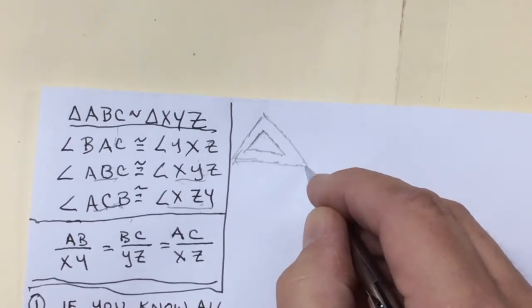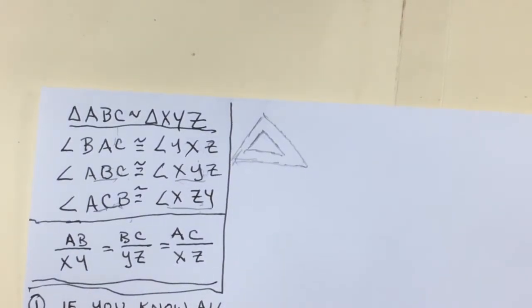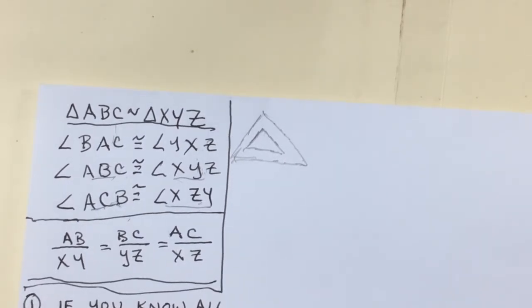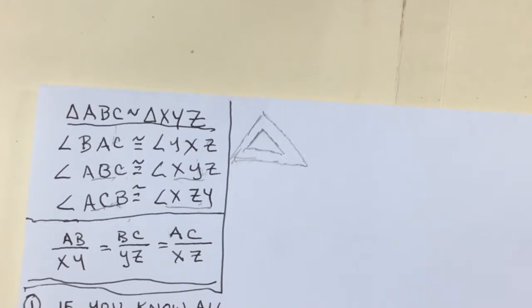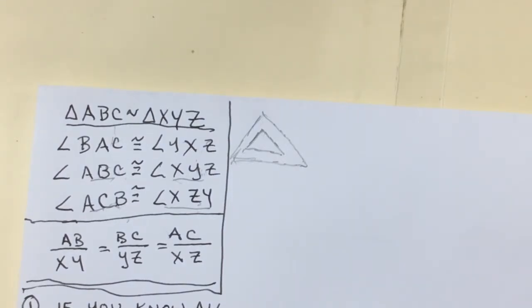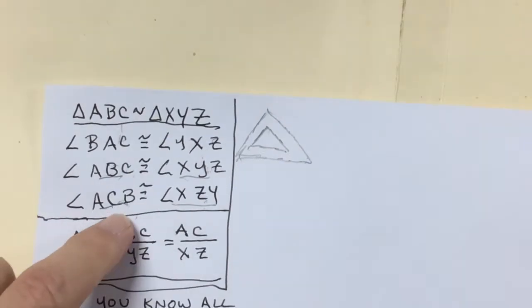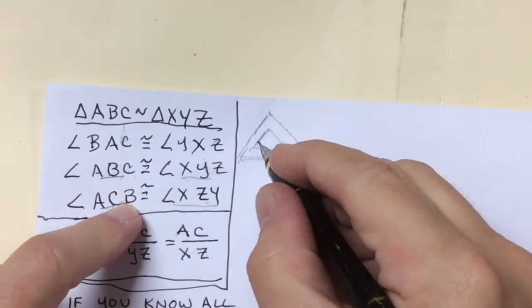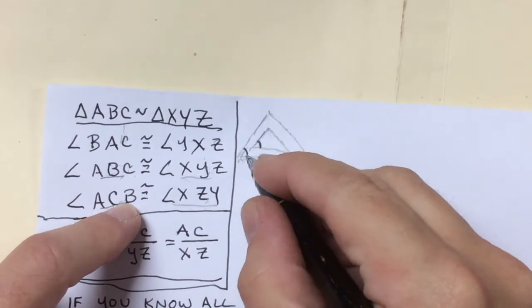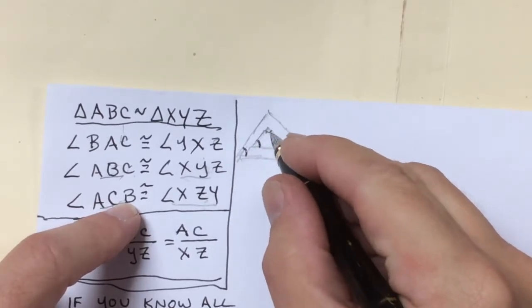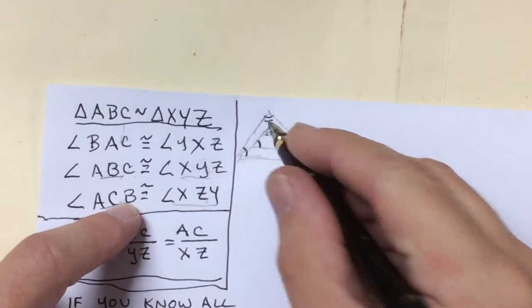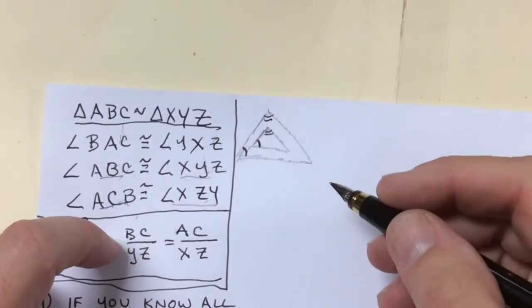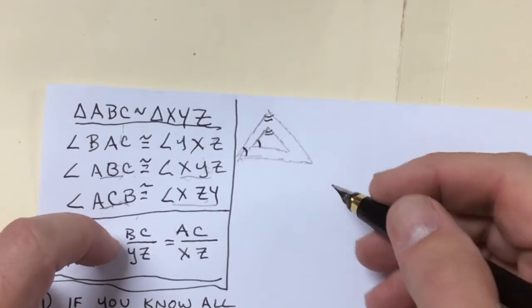So those are similar triangles, and that means the angles are all the same. If I can show that two corresponding angles are congruent, then the third one has to be congruent too, because they all have to add up to 180 anyway.